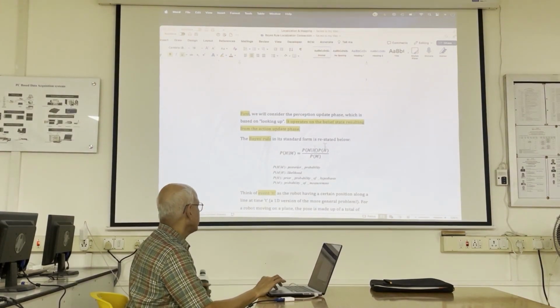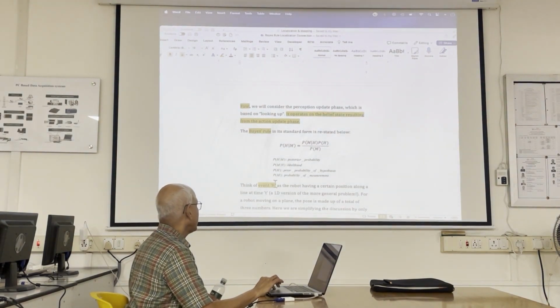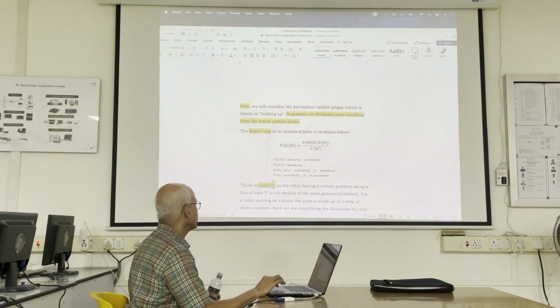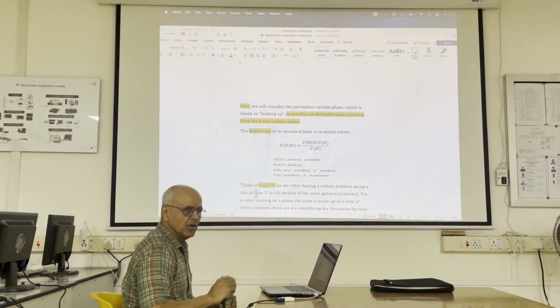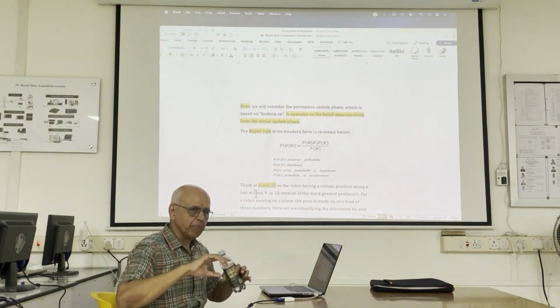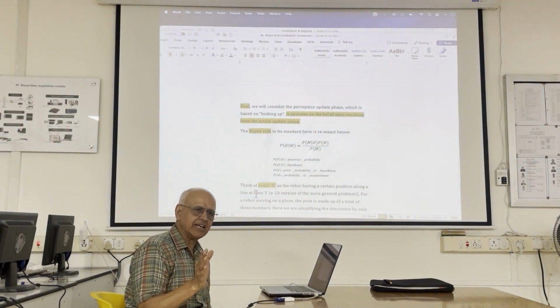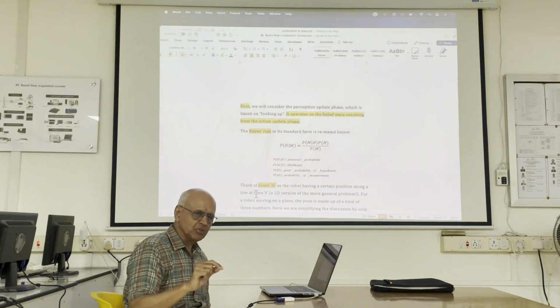So again, I'm reminding you of the terms in the Bayes rule. Here, our event H, the hypothesis, is going to be replaced by the probability of the robot having a certain position along the line. Because we can't get into multi-dimensional estimation, we just assume a robot is moving down a straight line in order to simplify it. So only one position is involved.